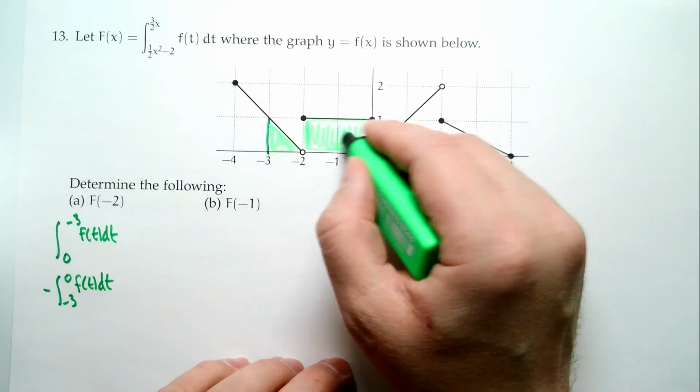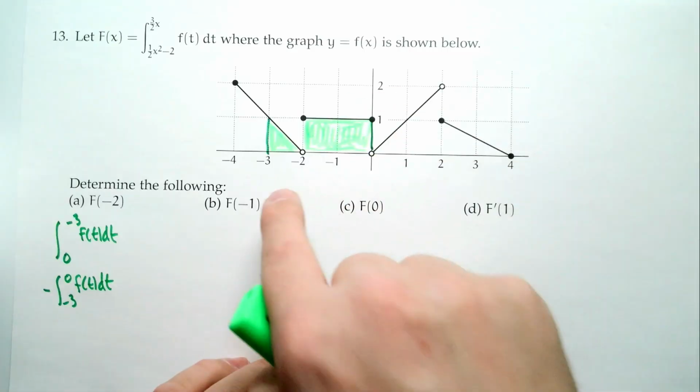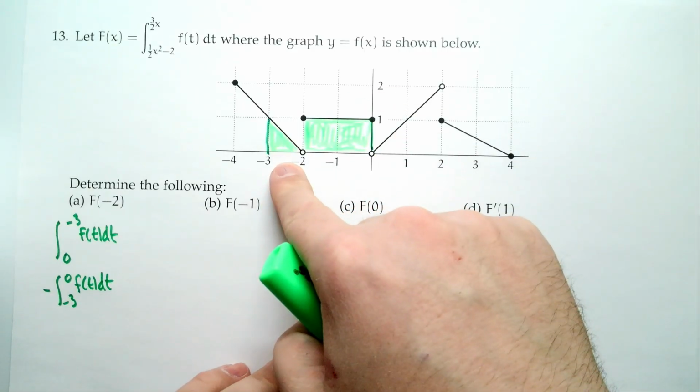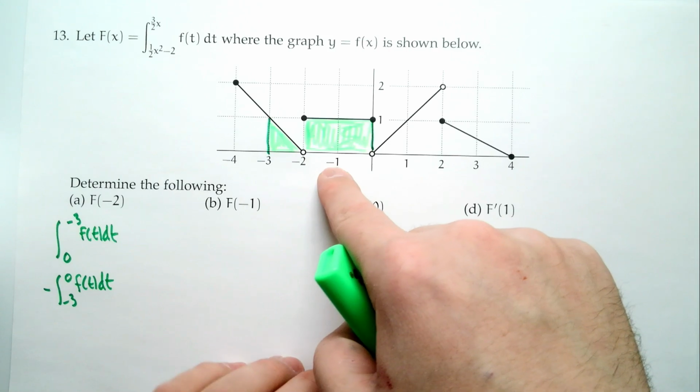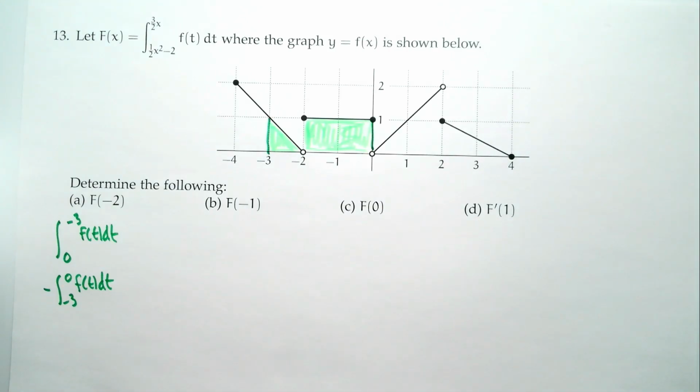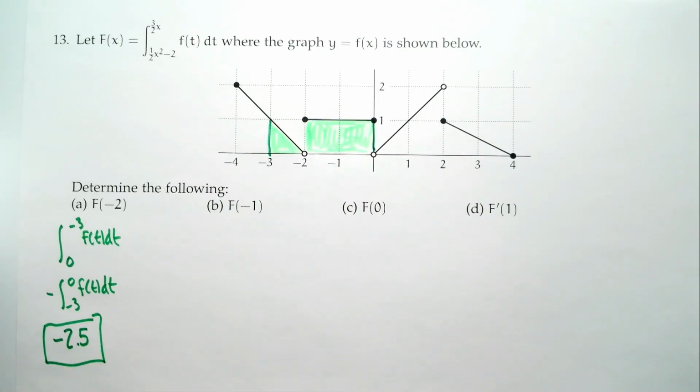The area in the triangle is 1/2. The area in the rectangle is 2. Put together, that's 2.5. And then remember that there's a negative because of the orientation, so this becomes -2.5. So that's part A.